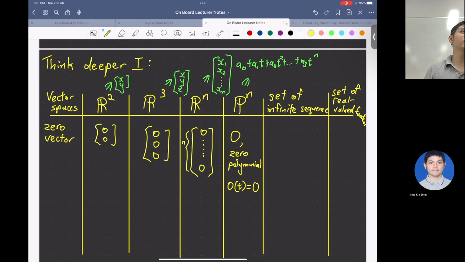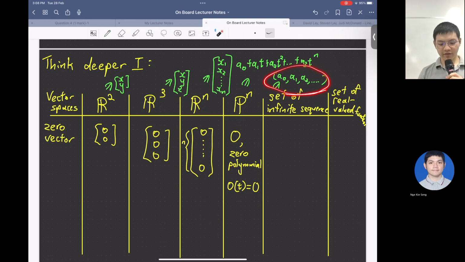It doesn't depend on the vector. What does a general element look like here? It's an infinite tuple of real numbers. What's the sequence that when you add it to an infinite sequence, you get back the original infinite sequence?